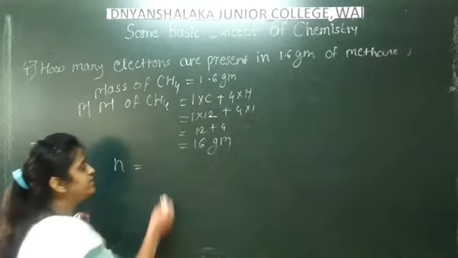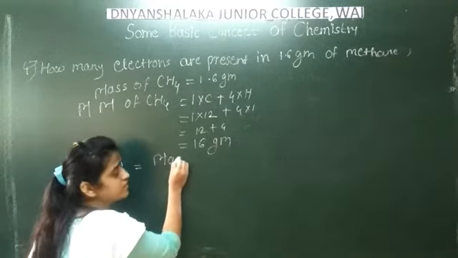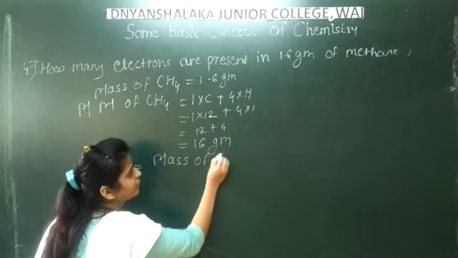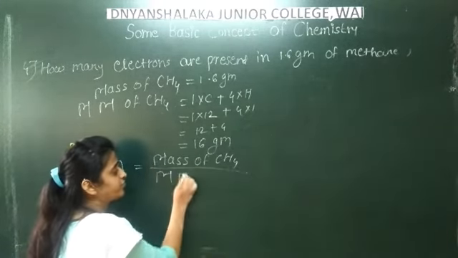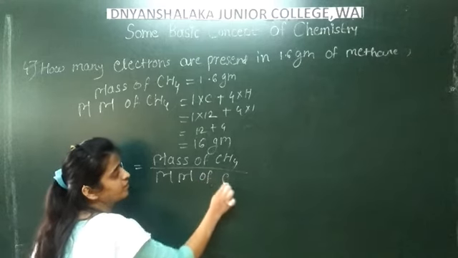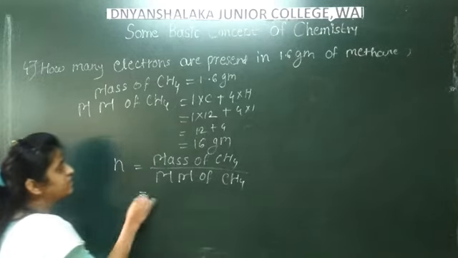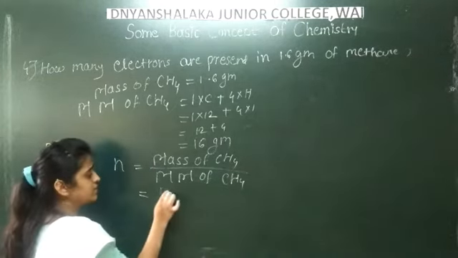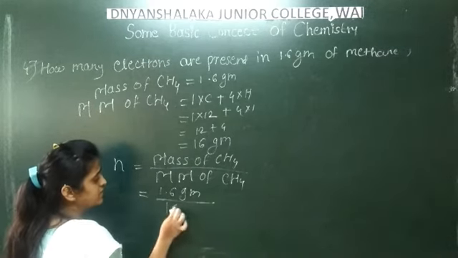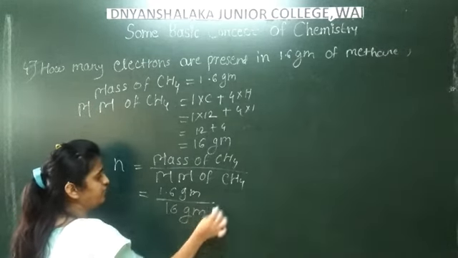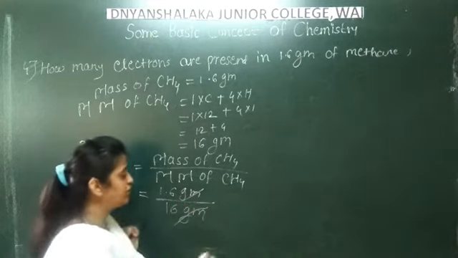So number of moles equals mass of CH4 upon molar mass of CH4. Mass is given as 1.6 gram and molar mass is 16 gram. The gram units cancel each other.